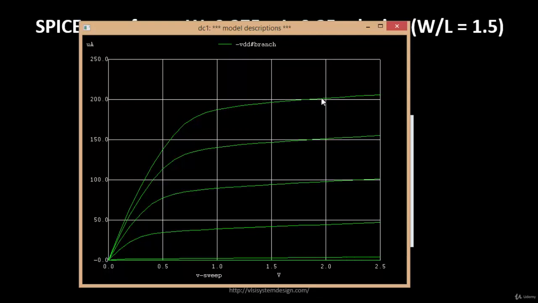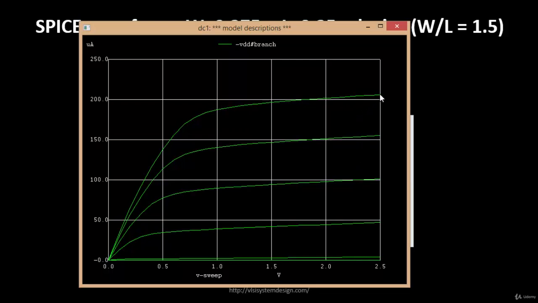Okay, so there are a few things to observe over here that we have not observed in the previous curve. First of all, the difference over here has been reduced. That's the first thing. Second thing, the current value for the device in the saturation region in the previous case and the current over here in this case are different, and I'll come to the exact values later.